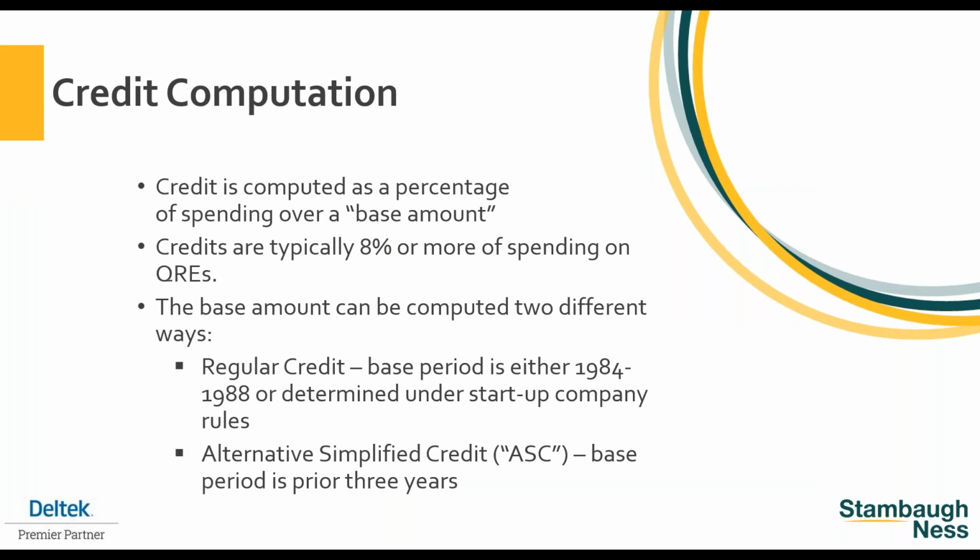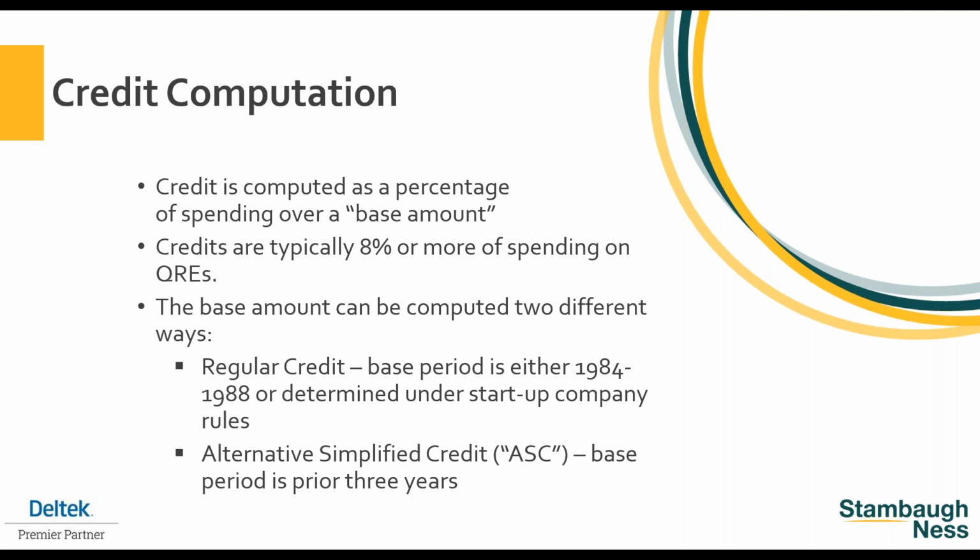So once we have that, here's where that 8% comes in, that the credit's generally going to be about 8% of those costs. Now, there's 2 ways to calculate the credit. One called the regular credit, one called the alternative simplified credit. We honestly don't see a lot of firms using the regular credit because, as you can see on the screen, you have to generate a base period, and that base period has to be 1984 to 1988, or if you weren't in existence that long ago, your first 5 years in business.